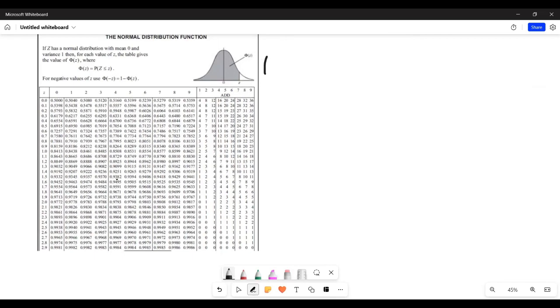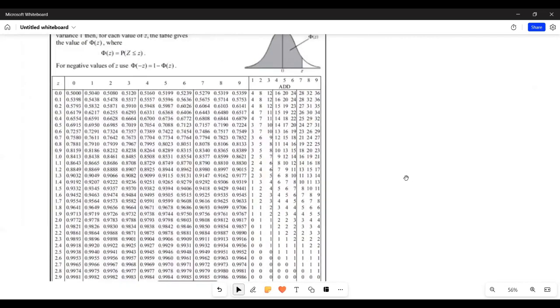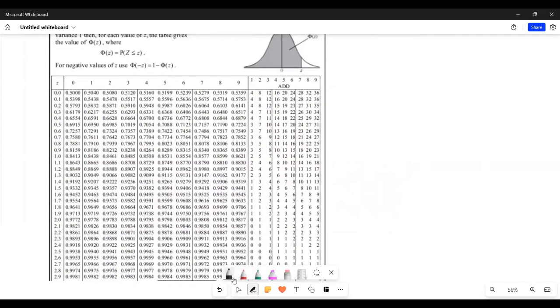Let me slightly zoom in first. So probability minus t to t, z is between this, is 0.8.